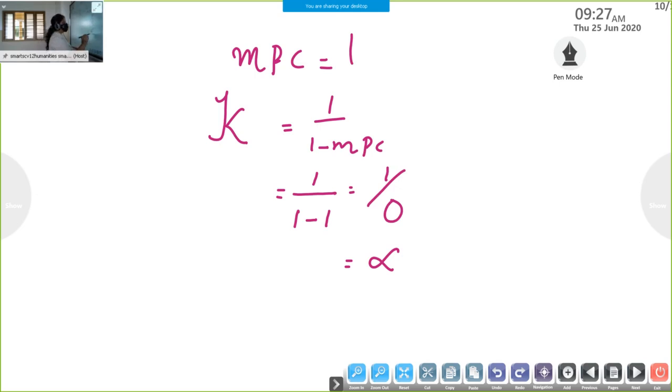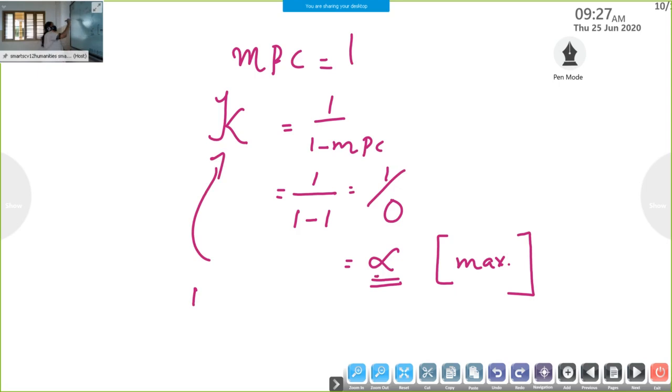So this is the maximum value of k. The maximum value of the investment multiplier is infinity, and the minimum value is 1. So the value of the multiplier ranges from 1 to infinity.